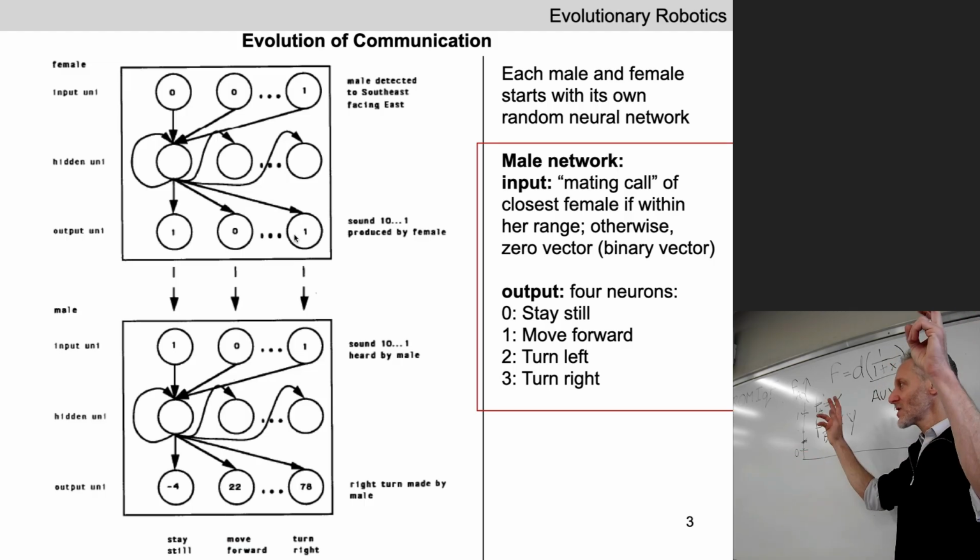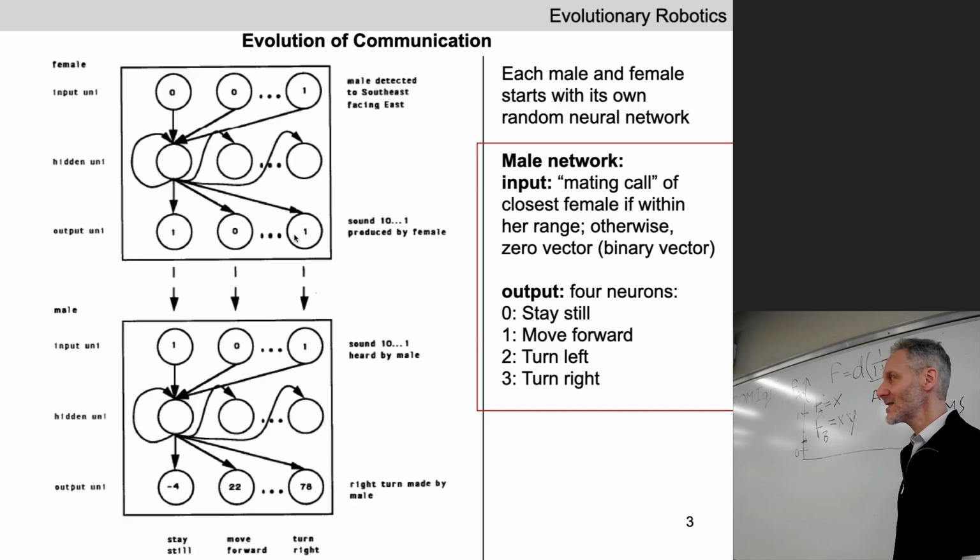Now, I should put scare quotes around song because song already connotes communication, right? What distinguishes noise from a song? It depends on the listener, right? So sound is probably a better term to use for now, yeah? So there's some particular sound that she emits. So far, so good?